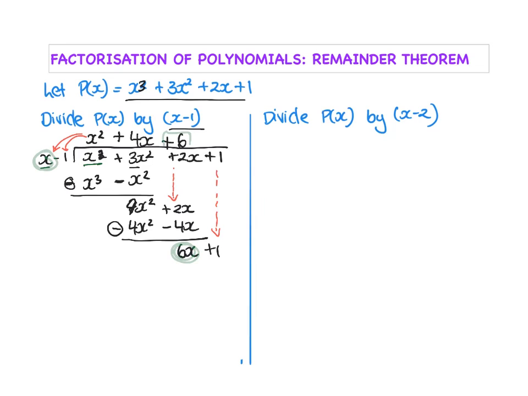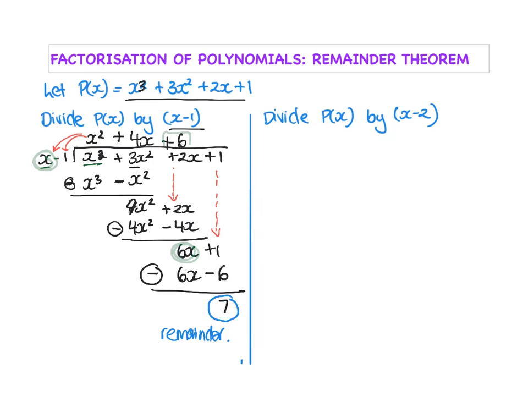Now we multiply out, so 6 times x is 6x, and what's 6 times negative 1? Negative 6. We subtract that, and what do we get? A 7. So what do we call this? This is the remainder. Good. So we saw that when we divided that polynomial by x minus 1, we got a remainder of 7.